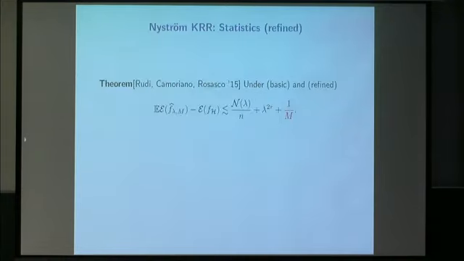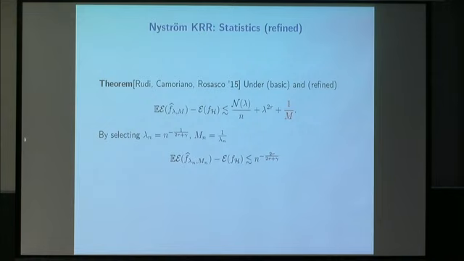We can do better than that by considering refined assumptions, and we have here the same terms. The variance considers the capacity condition, the bias the source condition, and again we obtain optimal learning rates that now depend on r and gamma.